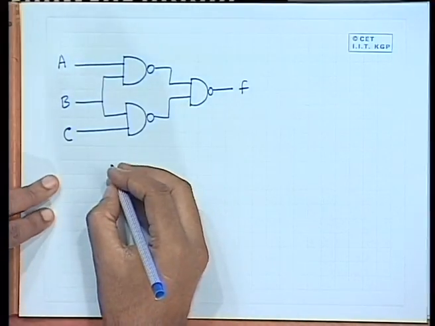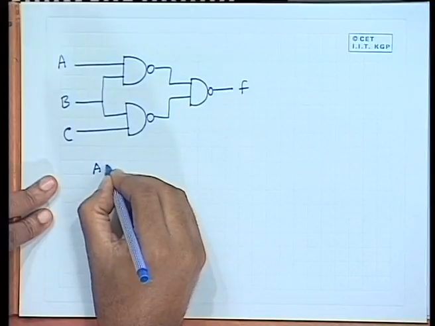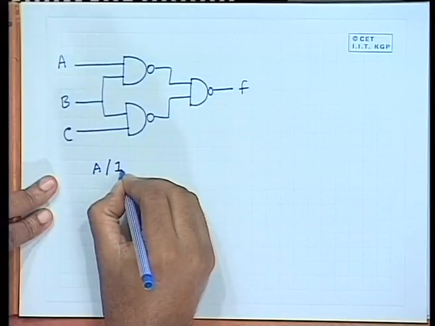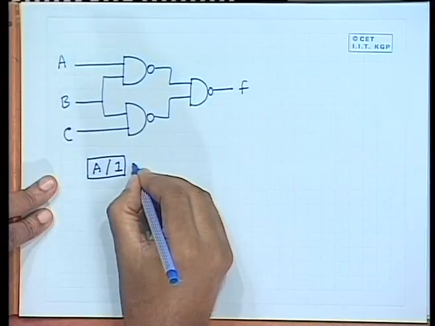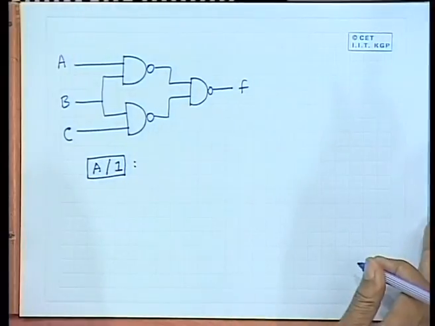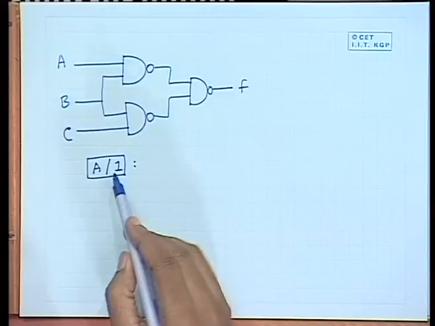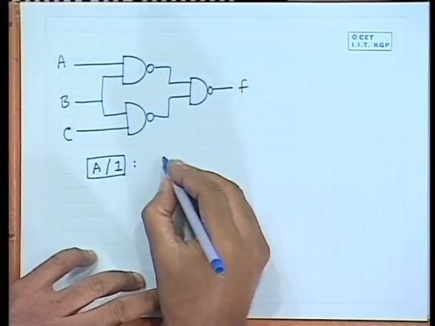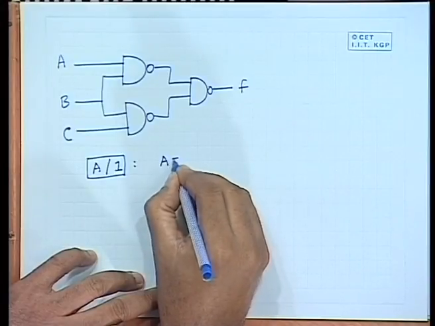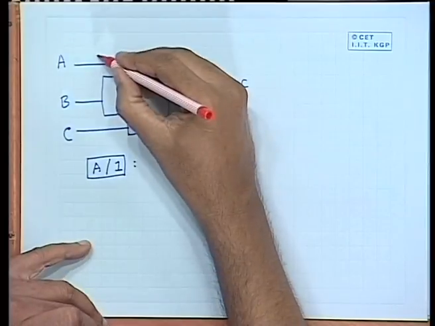First, we consider a fault, say A stuck at 1. Now, in order to detect A stuck at 1, what is the test vector you need to apply? See, for A stuck at 1, you have to apply a reverse logic value to the line A. So, A has to be 0 in the first place.